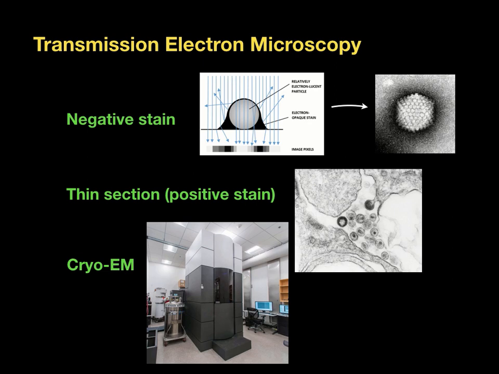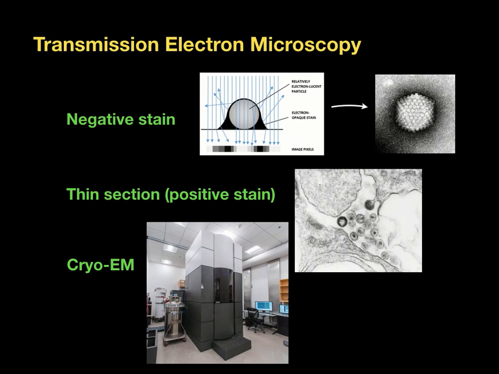We can also have an infected cell, for example, infected tissue, and we can make very thin slices with an ultramicrotome, and then we can stain that and visualize, and eventually we can see different particles there.